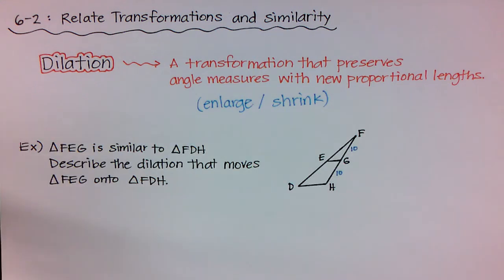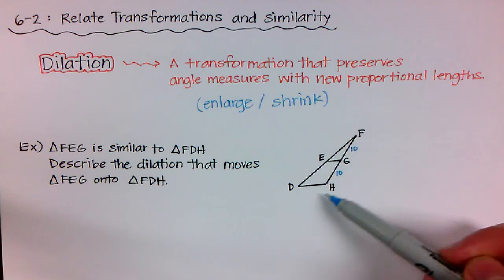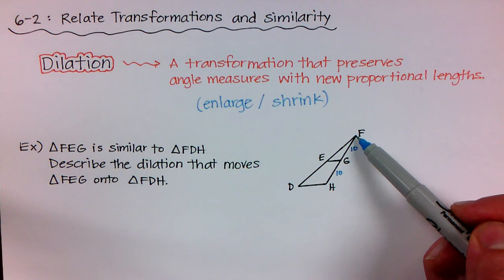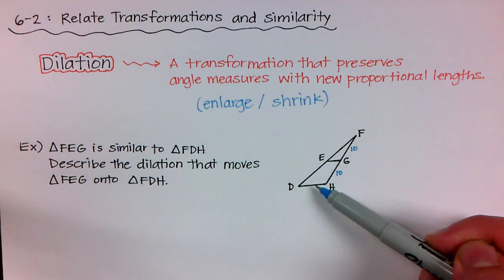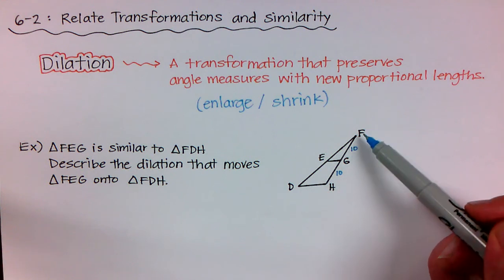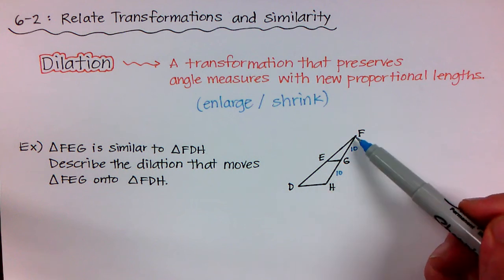So to begin with, we have 2 triangles and it looks like they're on the same shape, but let's just look at what it's talking about. It says that triangle FEG is similar to this bigger triangle FDH. And it wants us to describe the dilation that moves this smaller triangle onto this bigger triangle.